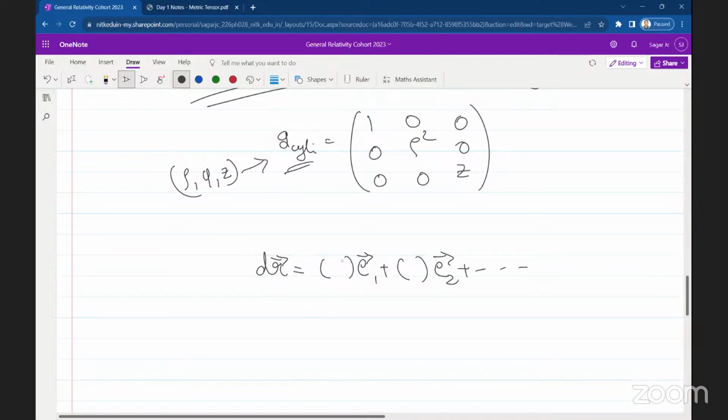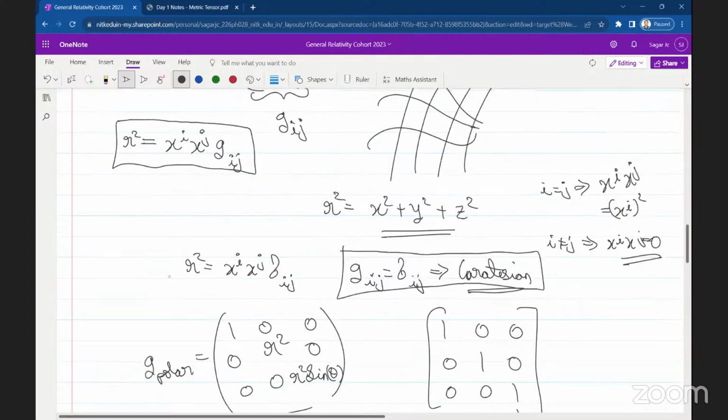So the components for dr will be dx1, dx2, and so on. So I can write the dr vector as dx super i e sub i.